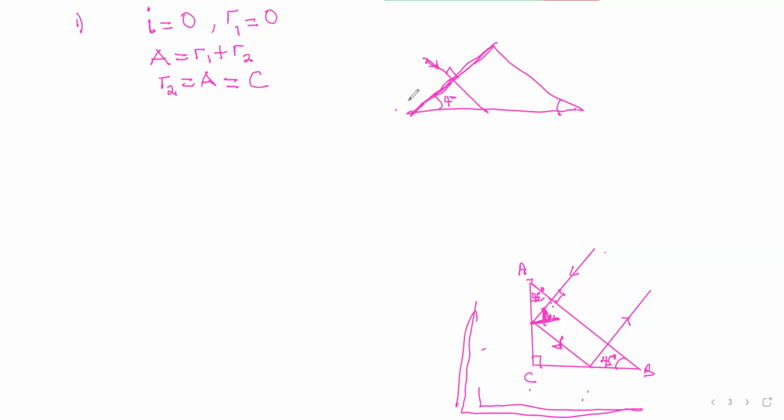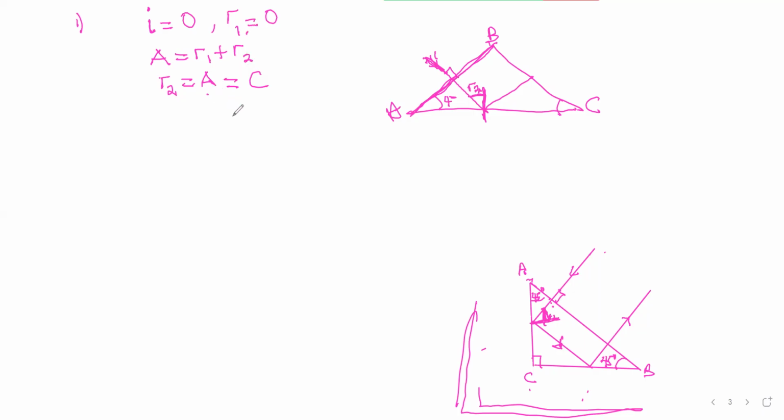So supposing this is A, B, C, I is 0 here and R1 is also 0. At the side AC, don't forget the light is internally reflected. This angle is actually R2.